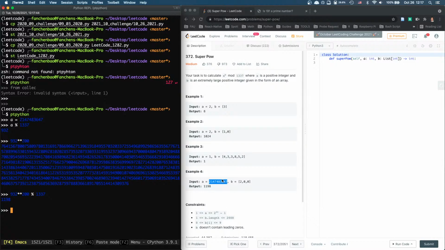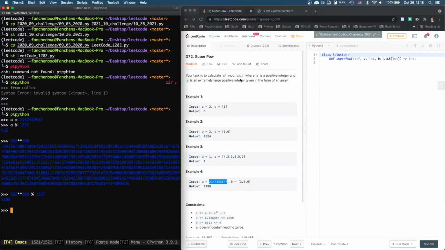But still we have the issue that R is smaller than M, but R to some power will be bigger than M. What is the relationship between the remainder to the power and this value? Let me think.